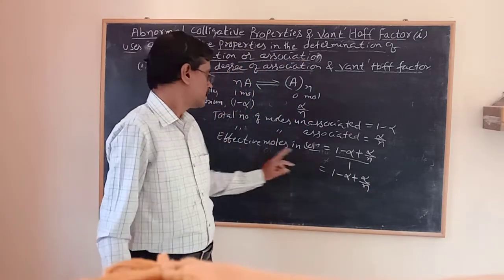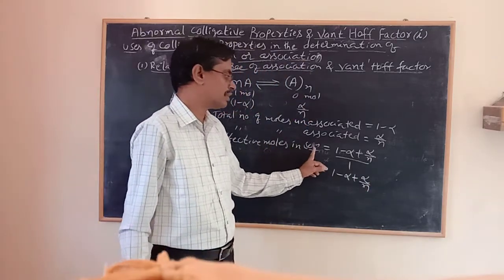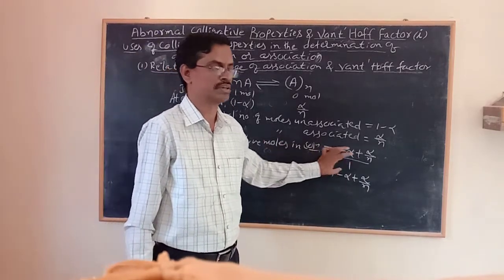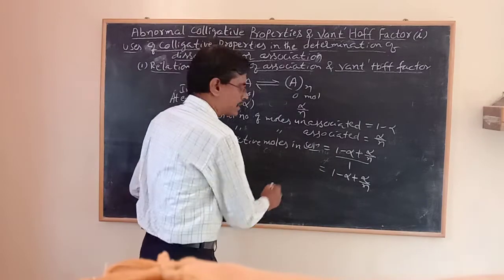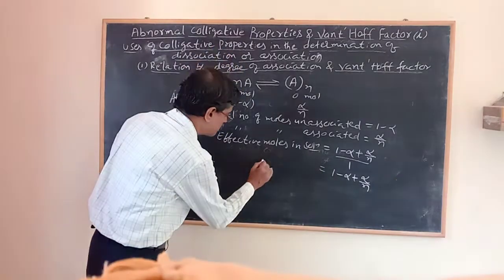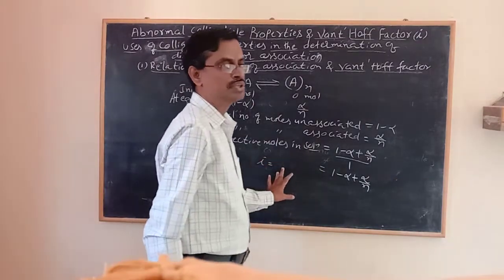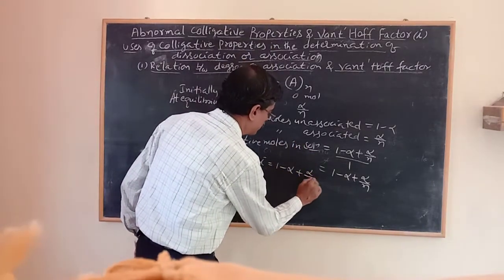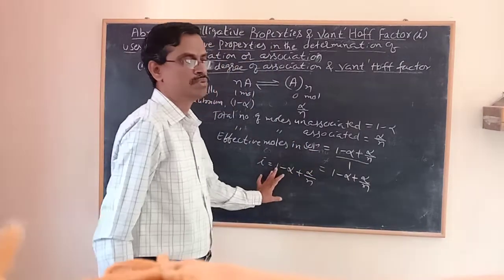So this is the effective moles in solution, or the total number of moles after association. Then we can calculate the value of i. i is equal to what I have taken, 1 minus alpha plus alpha by n. You can simplify this.